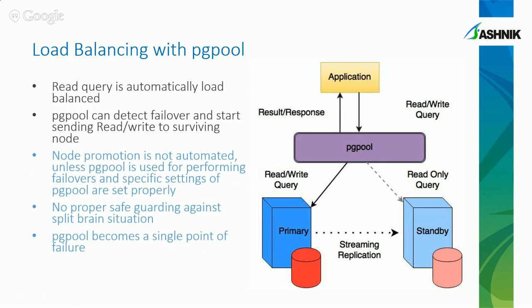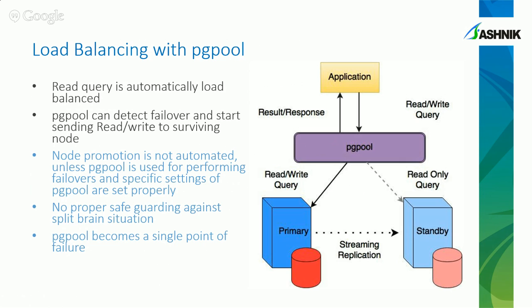And pgpool can detect failures, and it can start sending all the queries to the standby server. Only thing that it does not do is auto promotion of your standby server. Though it recognizes that master has gone down and it needs to start sending queries to the standby, it does not do promotion of the standby server on its own.